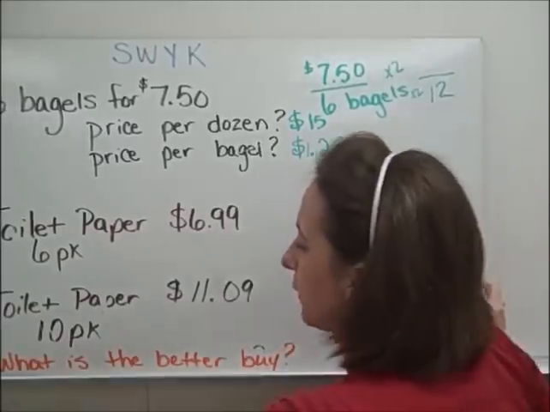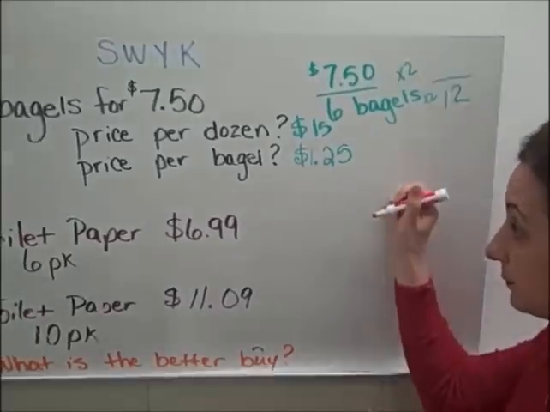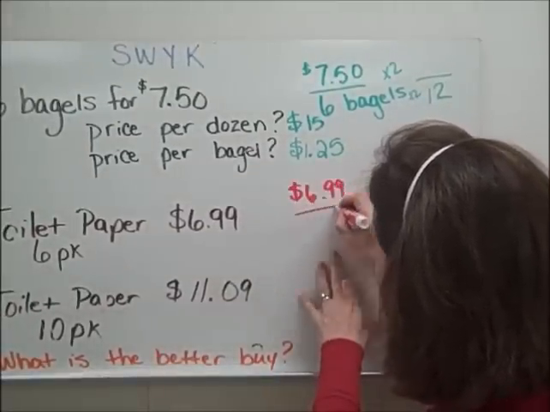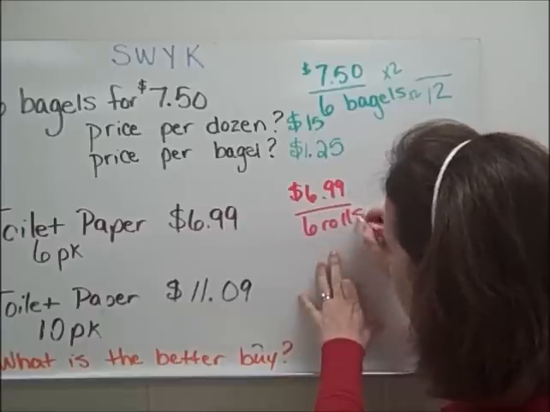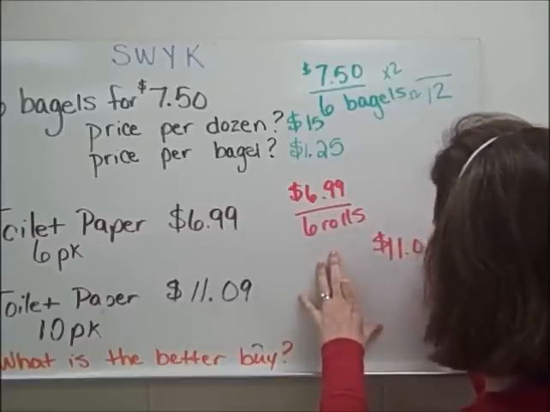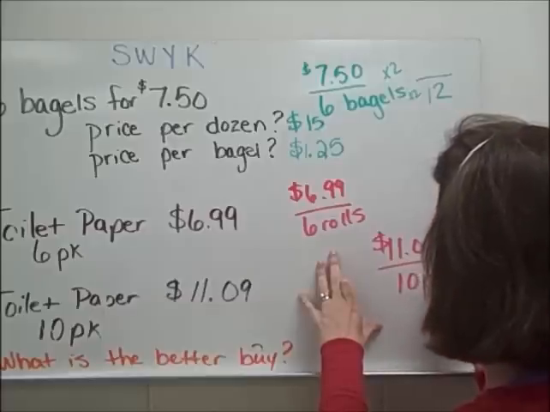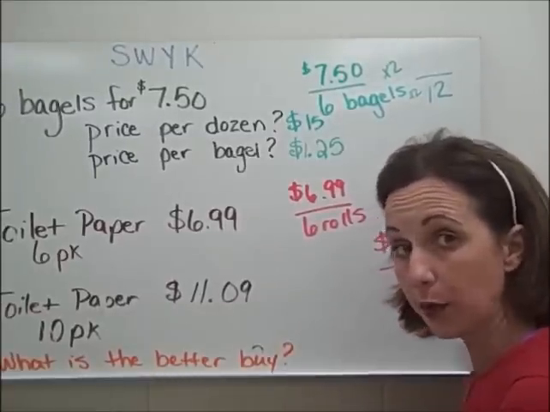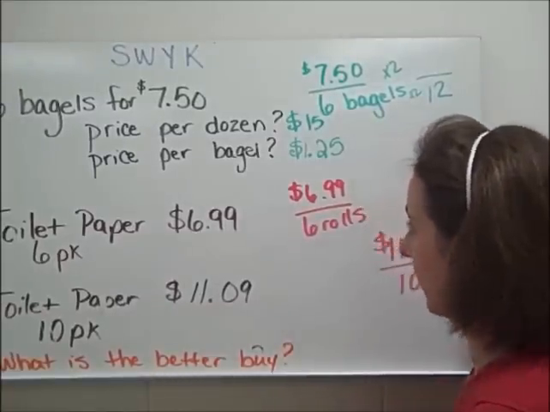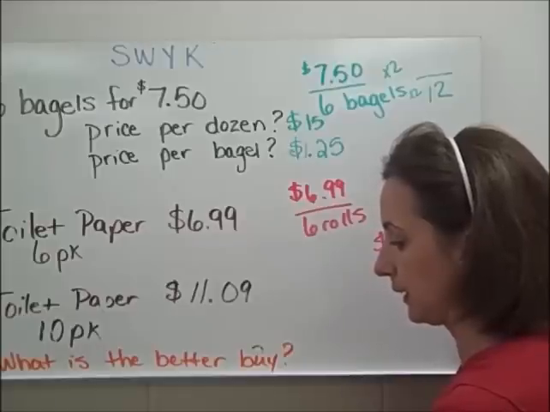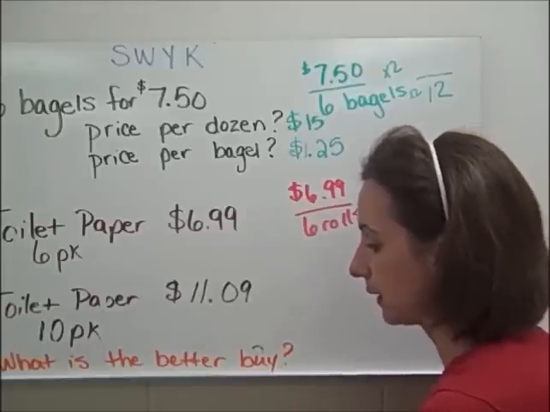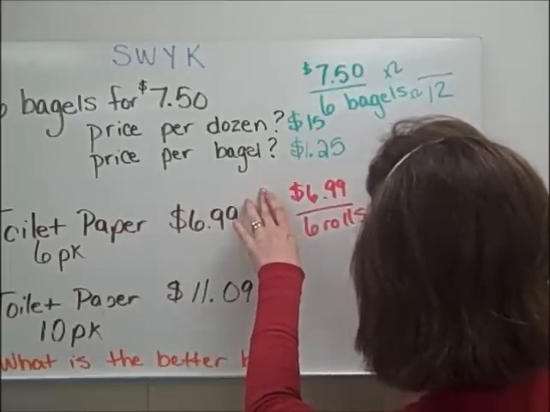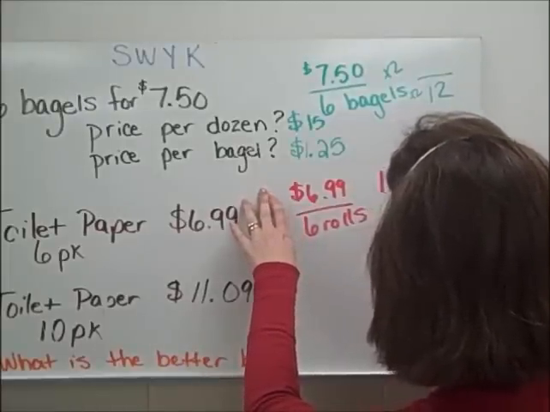All right, let's look at this last one. We are finding the better buy for toilet paper. Our first rate is $6.99 for 6 rolls, or $11.09 for 10 rolls. 2 rates of which we're going to divide, find the unit price, and then calculate the better buy. $6.99 divided by 6 is 1.165 per roll.